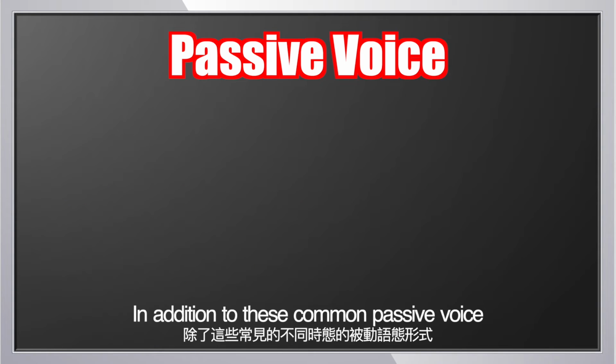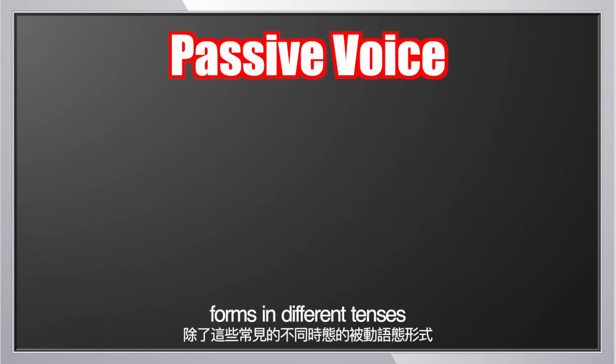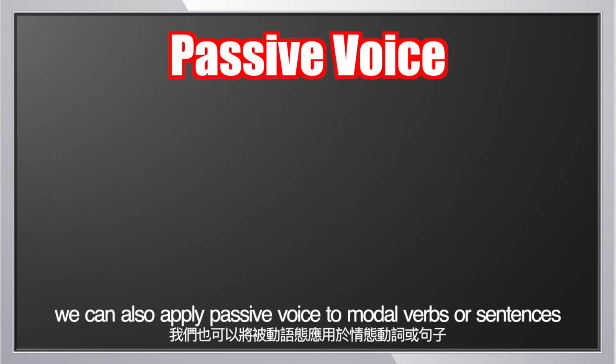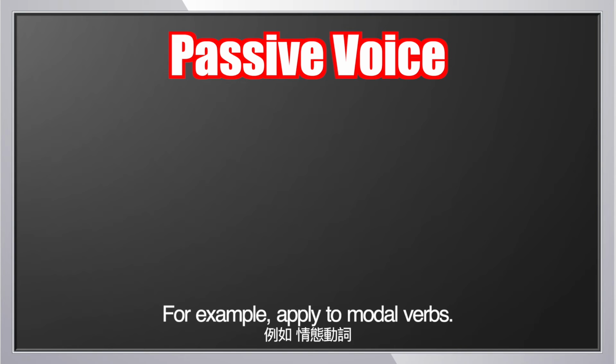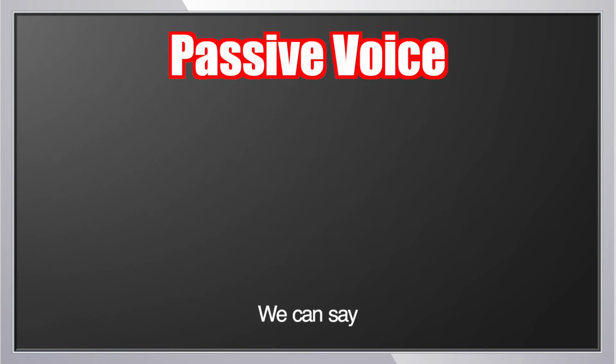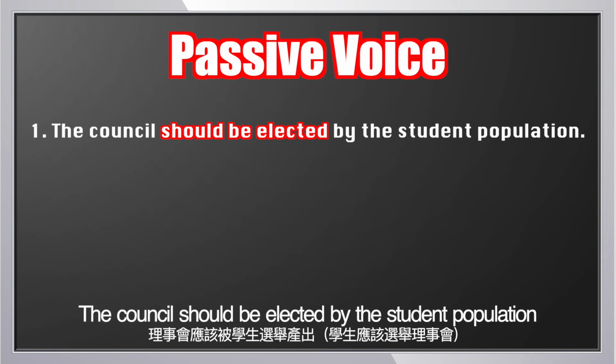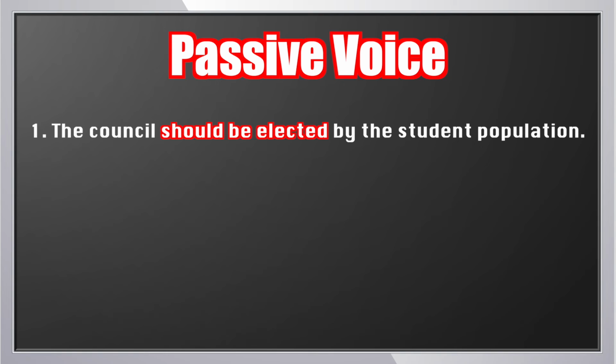In addition to these common passive voice forms in different tenses, we can also apply passive voice to modal verbs or sentences such as used to do, need to do, or have to do. For example, applied to modal verbs, we can say, the council should be elected by the student population.